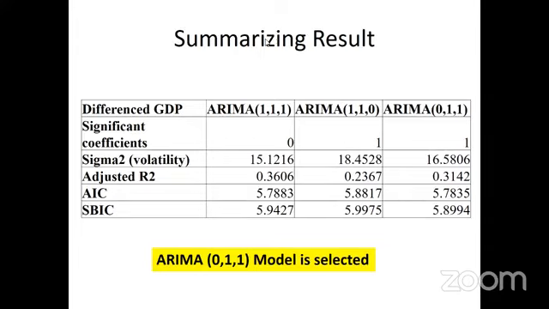Clear? What would be the decision if 110 got adjusted R square 0.70?